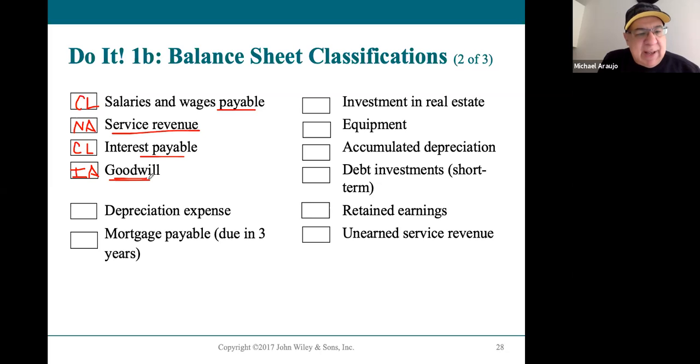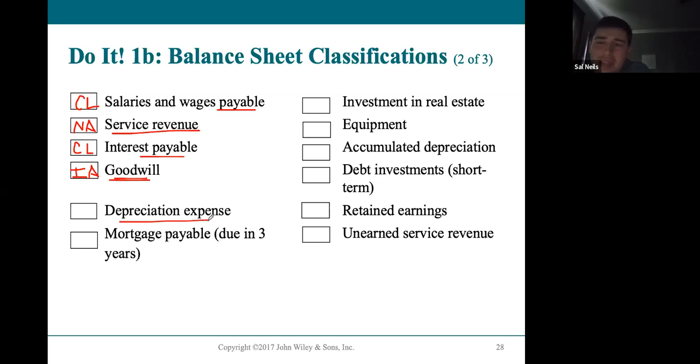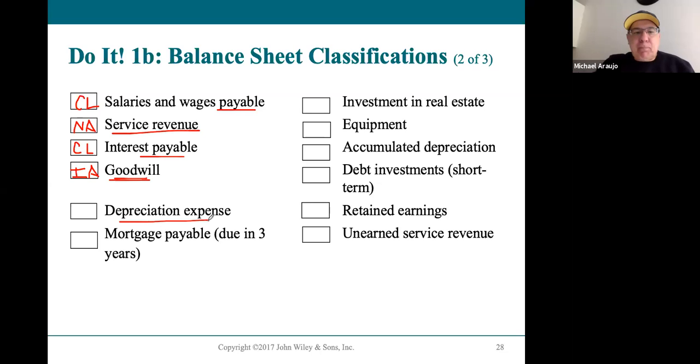Sal, I'm going to go to you next. Depreciation expense. Where do you think that should go? Would it be a long-term liability? Well, that's a good guess. However, there should be a critical term here that you can recognize.